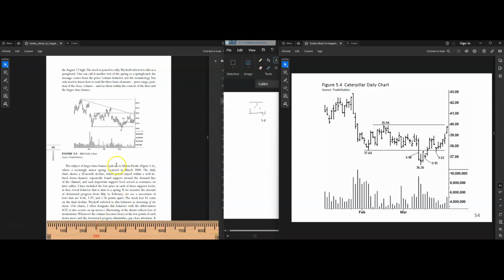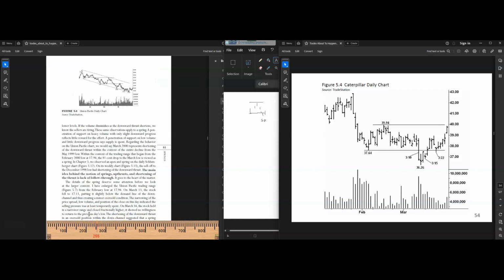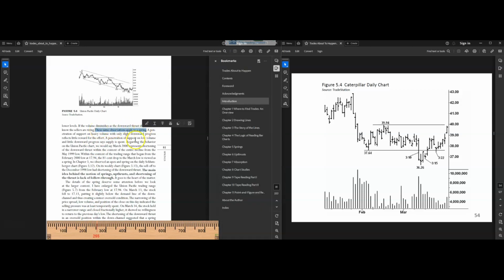You're just talking about other stuff like springboard, and all of that has to do with the spring. And here it talks about shortening of the thrust. And here are just two examples.